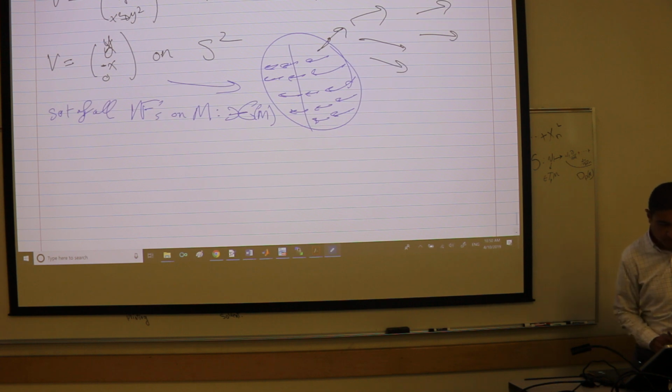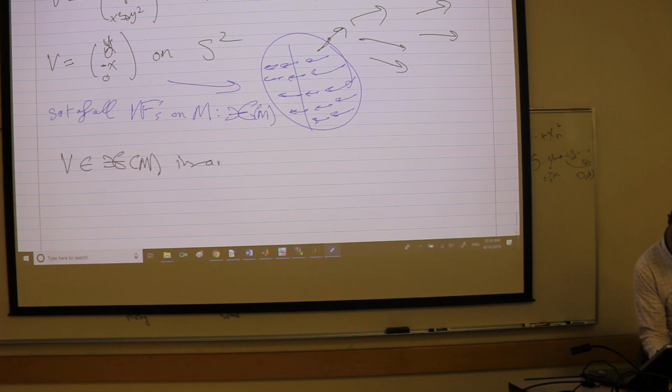So a vector field on a manifold is a map that takes a point and gives you a vector in the tangent space. So it's a map from the manifold to what?